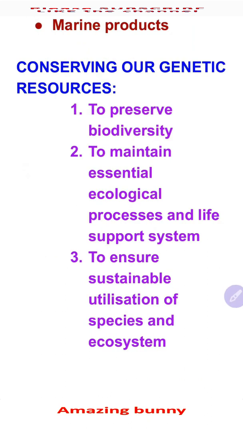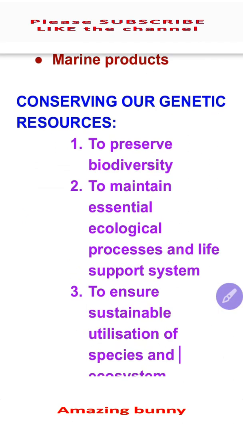We'll discuss the conservation of our genetic resources under 3 points. First is to preserve biodiversity. The meaning of conservation is utilization of resources in such a way that they are not destroyed completely and can be further utilized by future generations. In modern days, there are 3 objectives of conservation. First is to preserve biodiversity, because we know the importance of biodiversity for sustainable life.